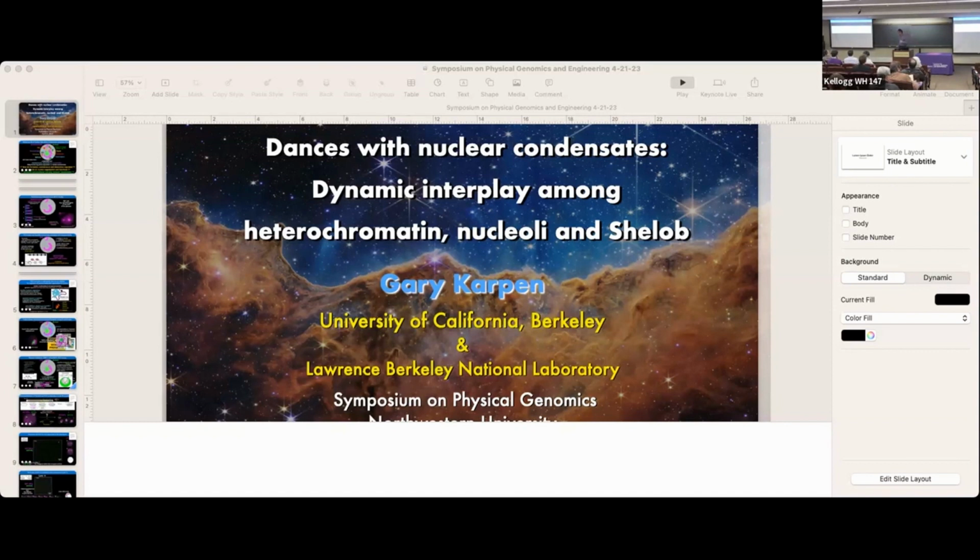So what Varsha did was to look at the initial establishment of nucleolar and pericentromeric heterochromatin condensates in early Drosophila embryos. This is really a wonderful system because you can look at the very first stages of formation of these bodies and not worry about whether you're just looking at a maintenance stage, as in cultured cells. In early Drosophila embryos, you have fertilization, and you have a bunch of nuclear cycles.